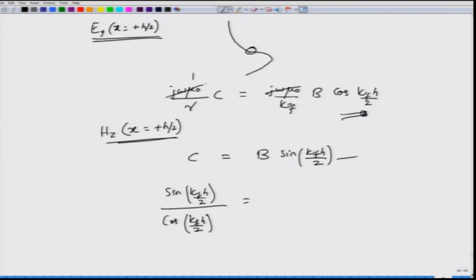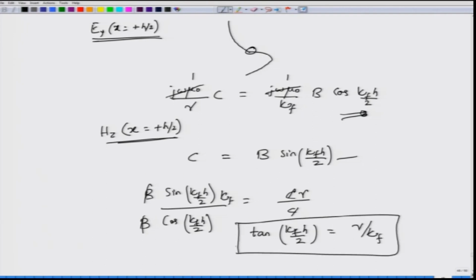I will have b sin kappa f h by 2 divided by b cos kappa f h by 2, divided by kappa f, so kappa f goes on top. This must be equal to c divided by c by gamma, so gamma goes on top, and b cancels out. Sin by cos is essentially the tan function. So, you have tan kappa f h by 2 being equal to gamma by kappa f.